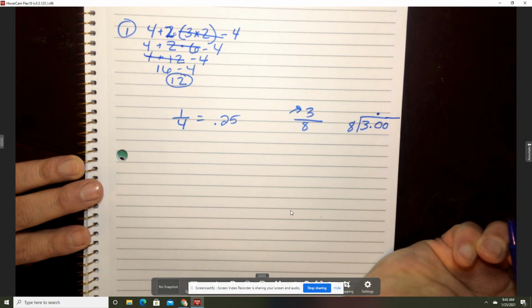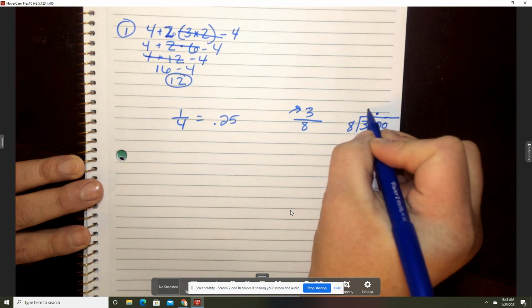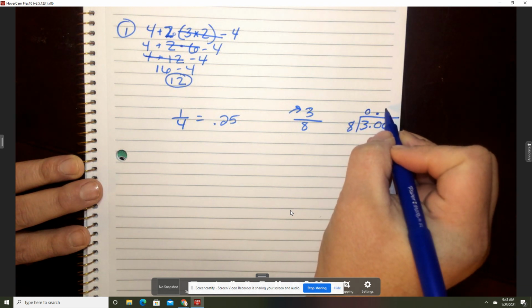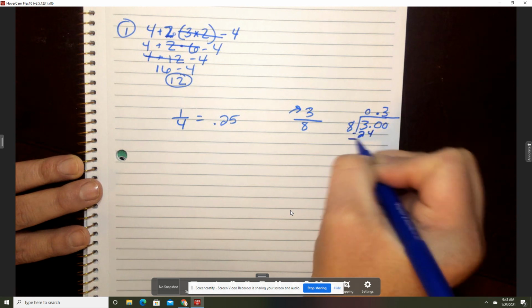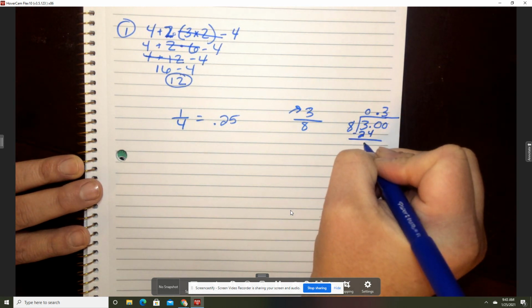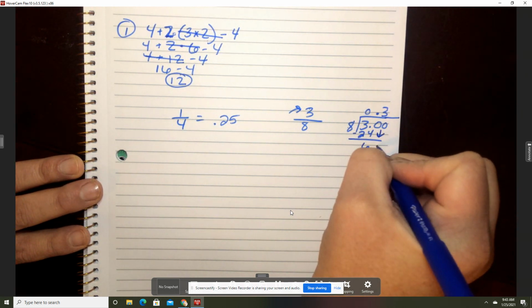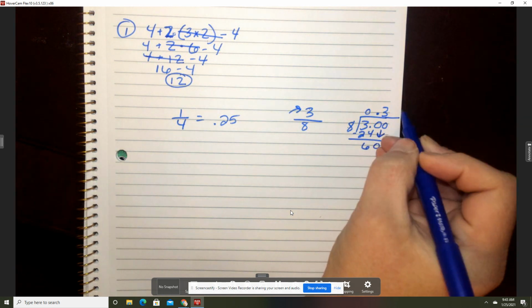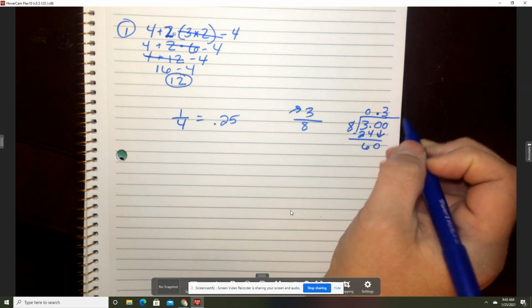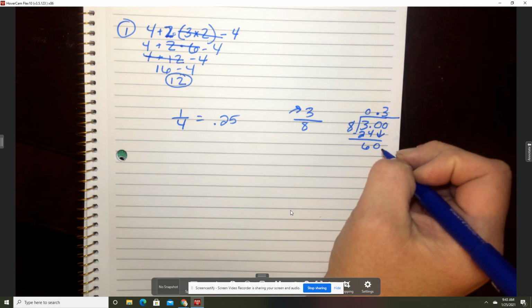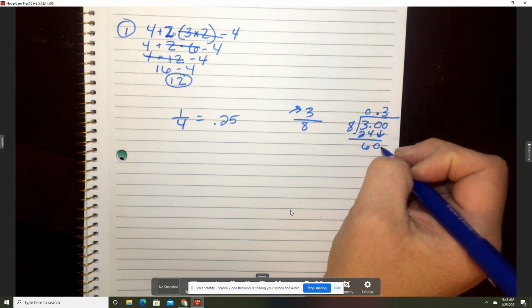Bring your decimal up. 8 goes into 3 no times, but 8 will go into 30 3 times. 3 times 8 is 24. And you subtract that, and that'll be 6. You bring down your 0. 8 will go into 60... My brain just stopped. 6 times.